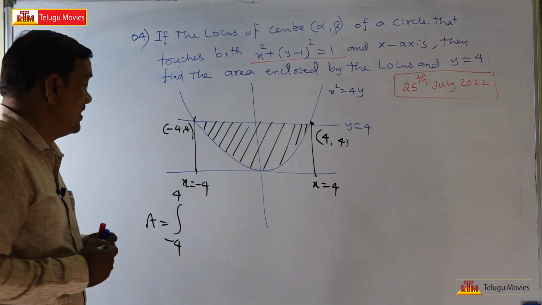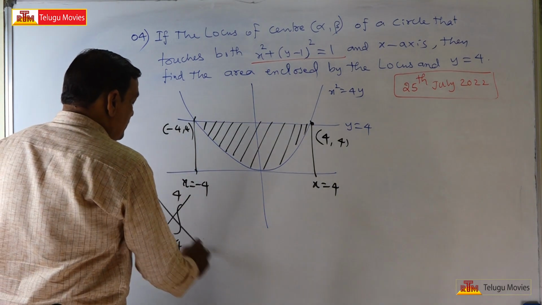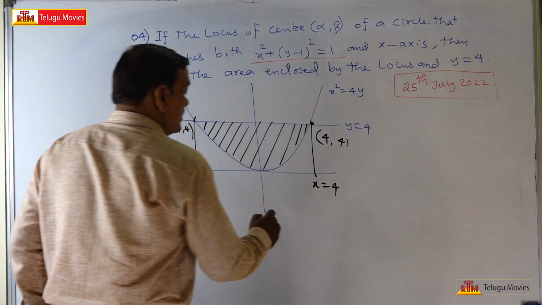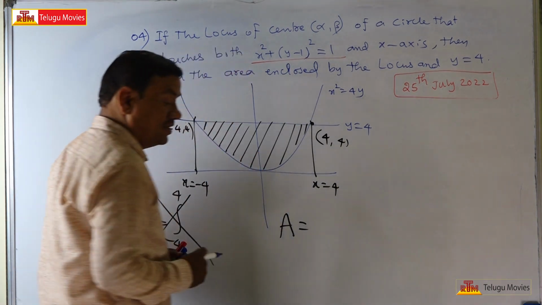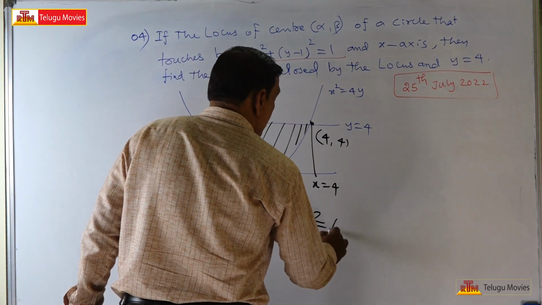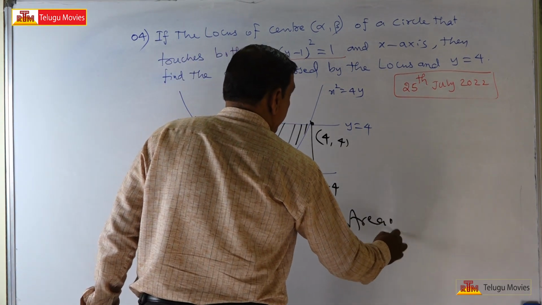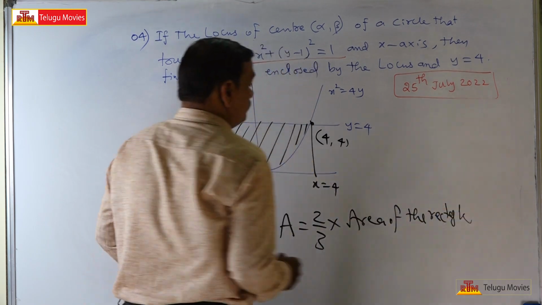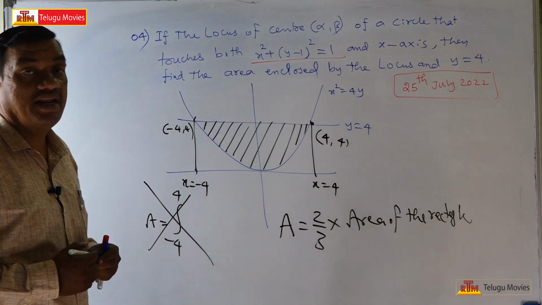But without using integration, I will tell you one formula. The area is equal to 2 by 3 times the area of the rectangle. Very easy formula.